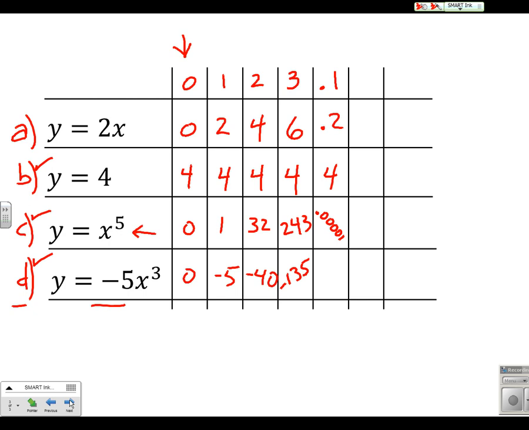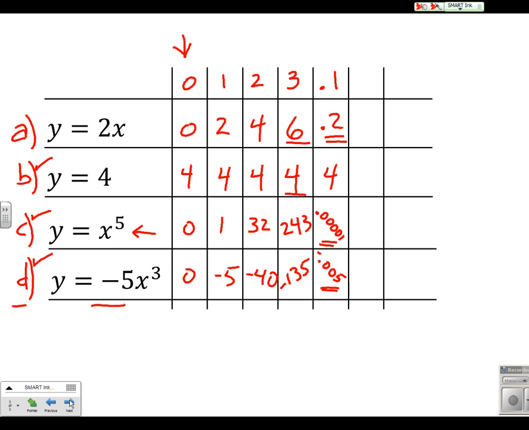D, negative 5 times 0.1 to the 3rd, 0.005, but negative. But what do I notice about A? A hasn't become stronger than B, although I know down the road A will become stronger than B. But what has A done? A has become quite a bit stronger than C and D.